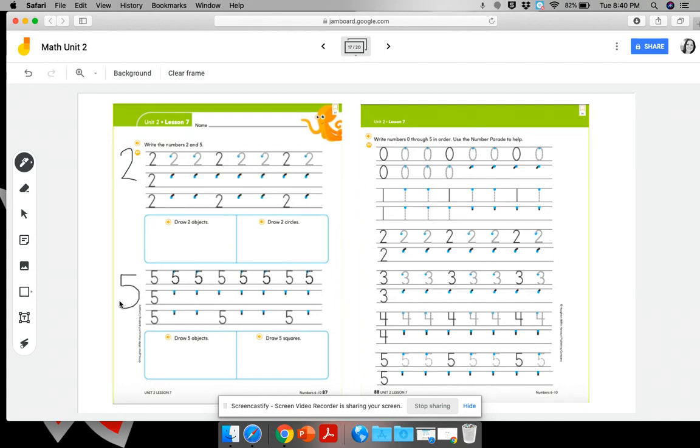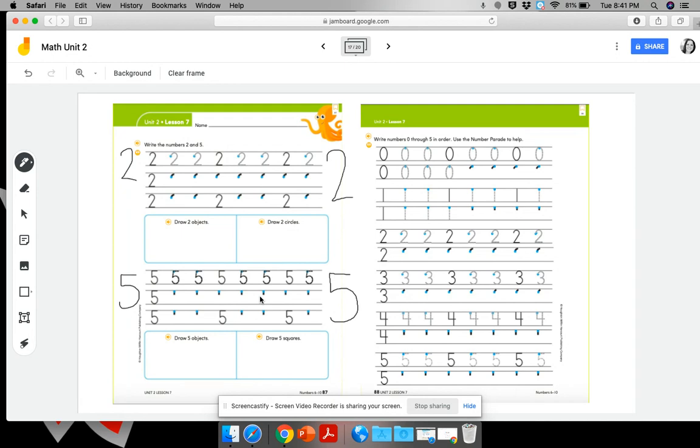Friends, if you write your 2s like me, I say half a heart, little line. If you write your 5s like me, I say little line over, little line down, big belly round, just like Santa. So friends, today you are going to be writing a lot of 2s and a lot of 5s, and you are going to pull on your math brain and try your best.